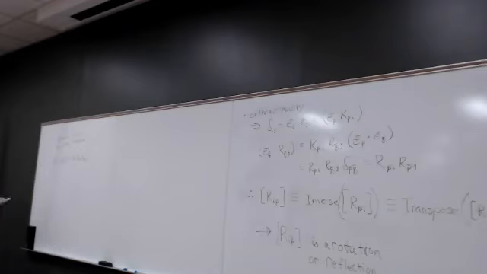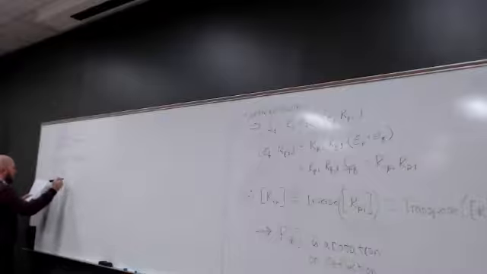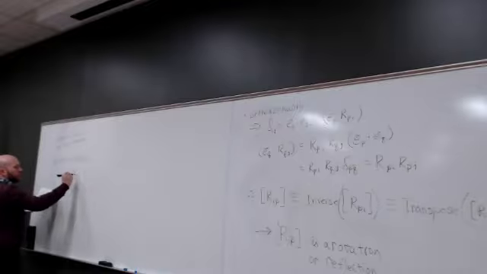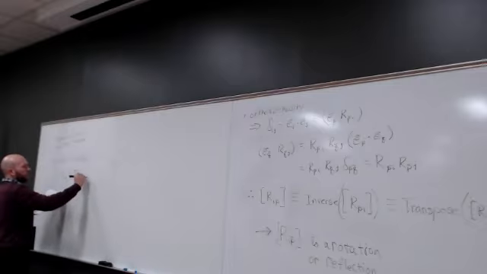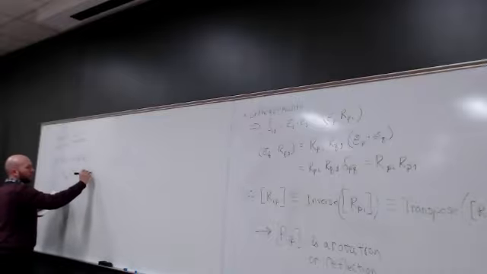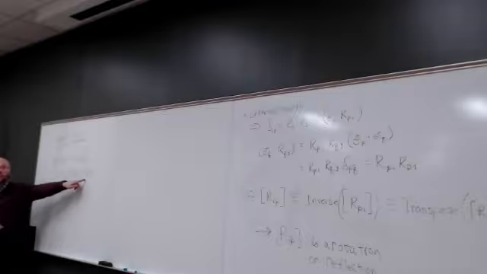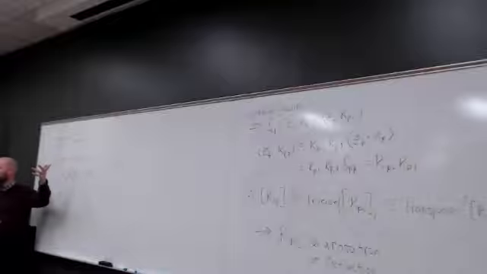Same deal. This then is equal to the rotation matrix R_{P̄I} times A_I times E_{P̄}. I'm just multiplying through. And this has got to be equal to A_{P̄}. So now I've used the rotation matrix to take my components of this vector in some basis and give me new components in some other basis. That's what it does.